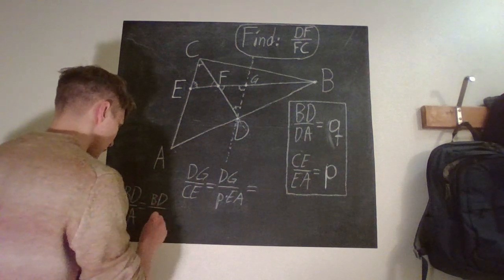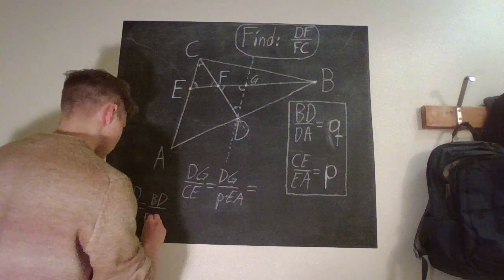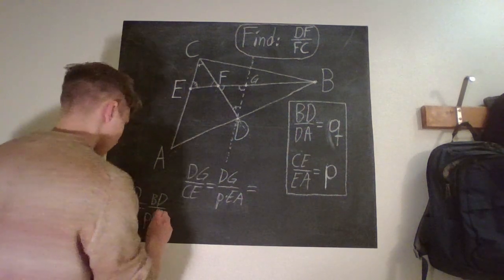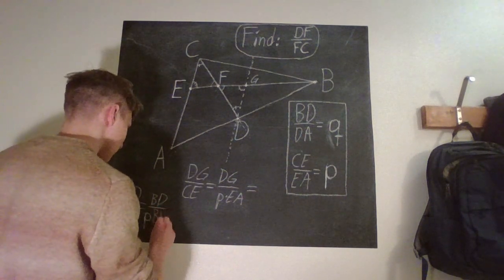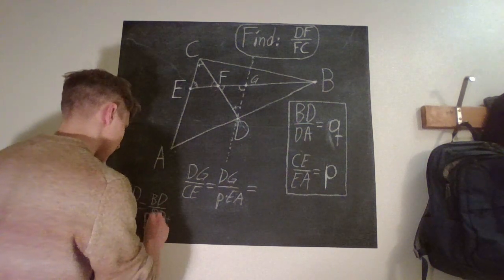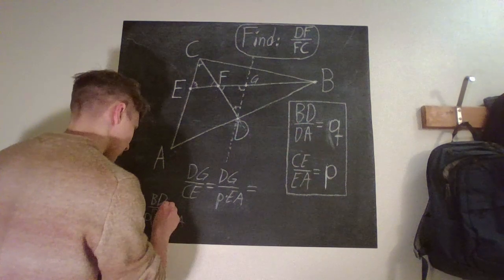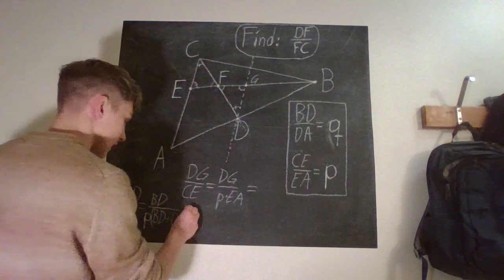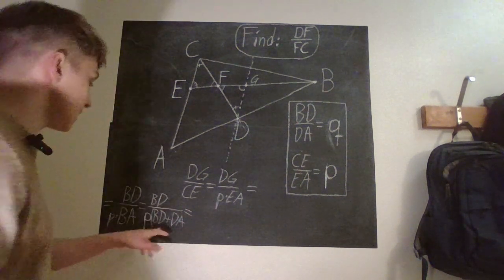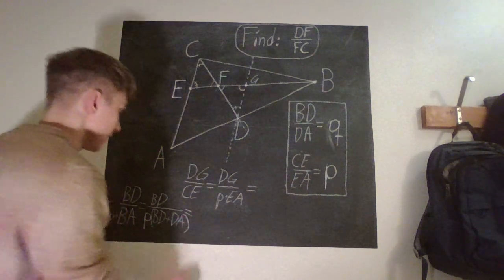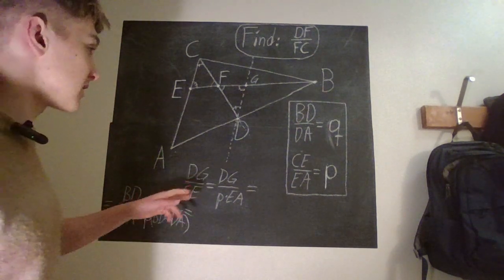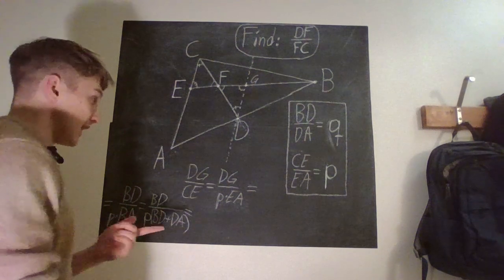for, well, it's just BD plus DA, and then we can exchange all the BDs for Q times DA.